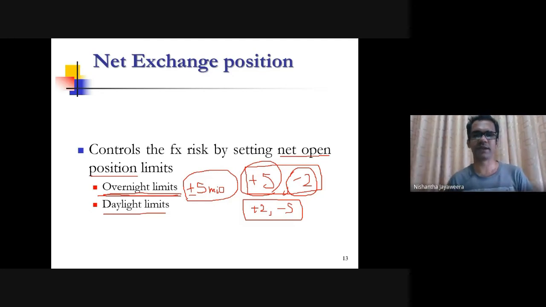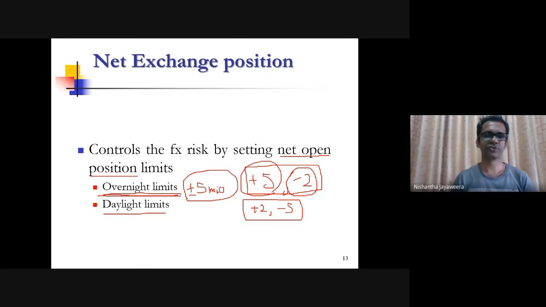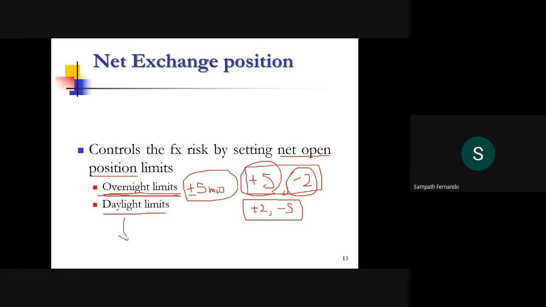You cannot have more than a certain amount as the open position when you go home at the end of the day, because you don't know what would happen during the night and when you come back to the desk tomorrow morning. So therefore this overnight limit is imposed, and the daylight limit is separate.